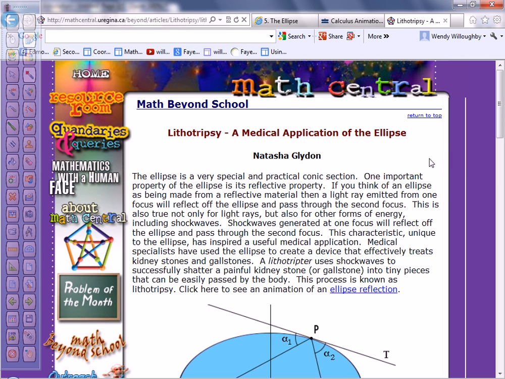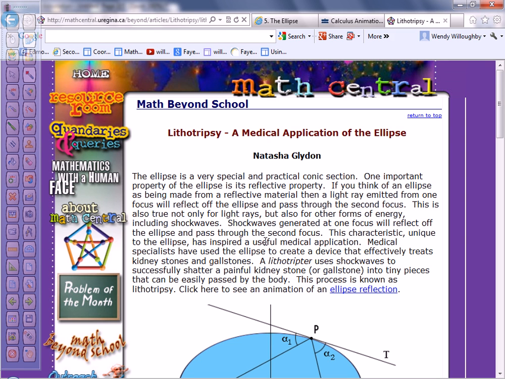It says the ellipse is a special and practical conic section, and one of the important properties is its reflective property. It's true of light rays and other forms of energy, including shock waves. And this is nice because shock waves generated at one focus will reflect off the ellipse and pass through the second one.